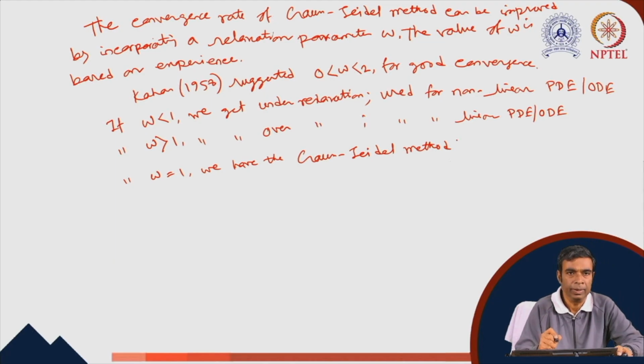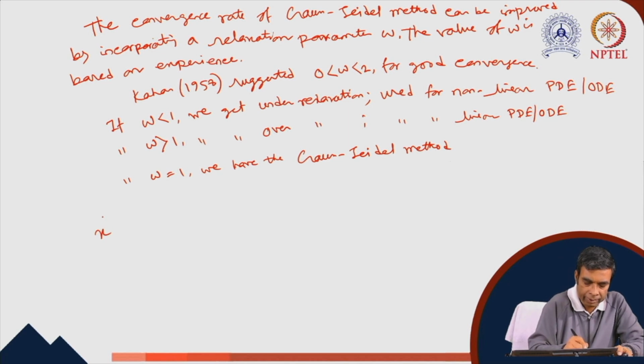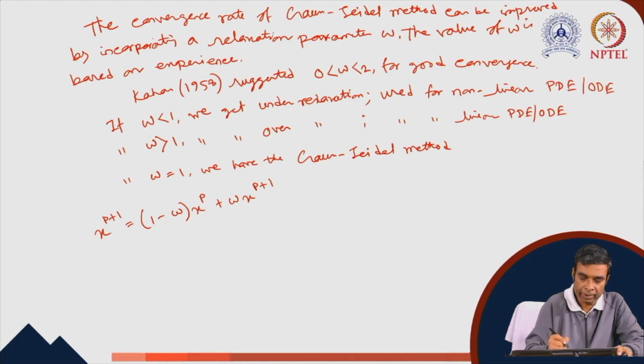Now, incorporating this omega, the degree of freedom that we obtained at the p plus 1th iteration can be represented as x at p plus 1th level equals (1 minus omega) times x at pth level plus omega times x at p plus 1th level. So this gives us (1 minus omega) x at p plus omega x at p plus 1.